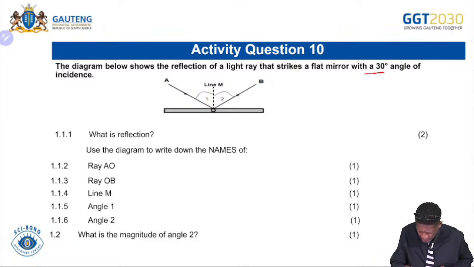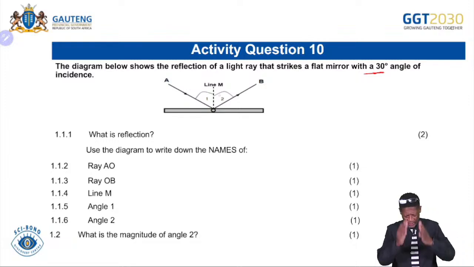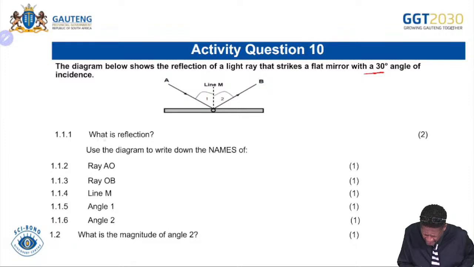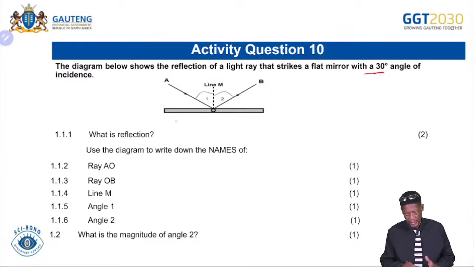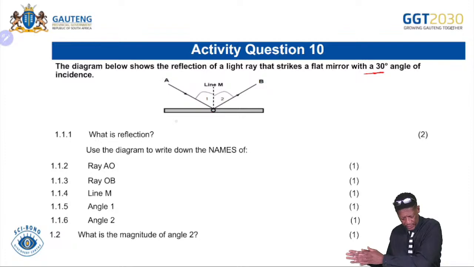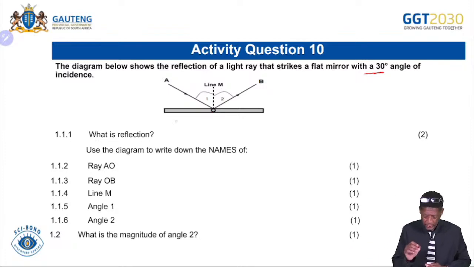We know what is 1, what is 2, and the line in between is what they are going to ask. Now they say, define reflection. What is reflection? It is the change in direction of the rays, right? You cannot say it's bending, it's changing, right?